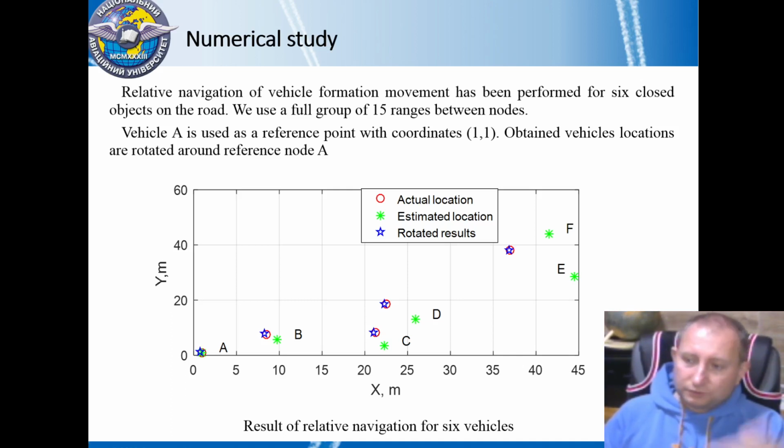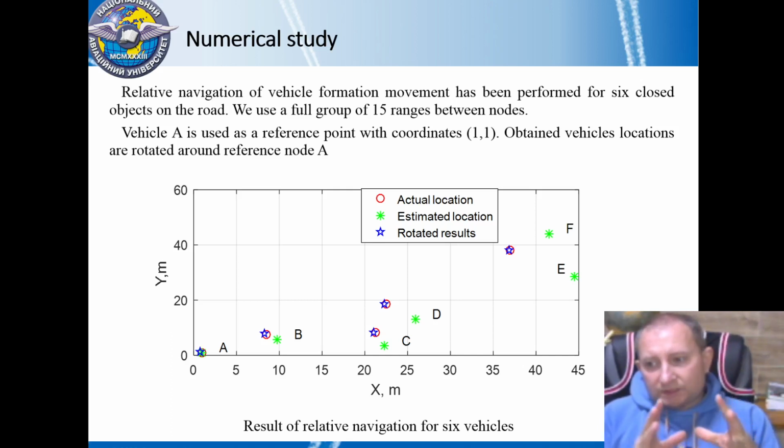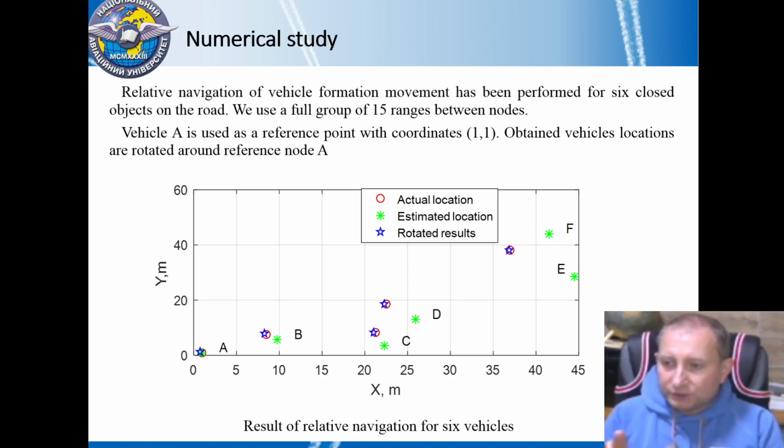We can use ECEF. However, it depends on what kind of data we have. And this is the main idea of cooperative navigation. It means that by known ranges inside of the formation movement, we can get the coordinates of each vehicle in our formation.